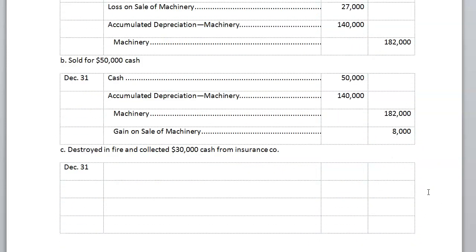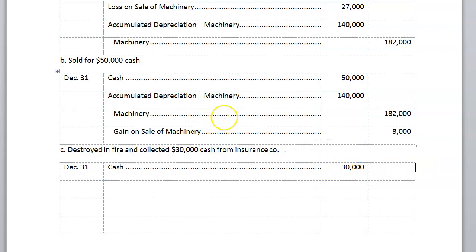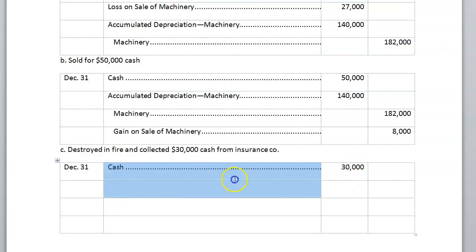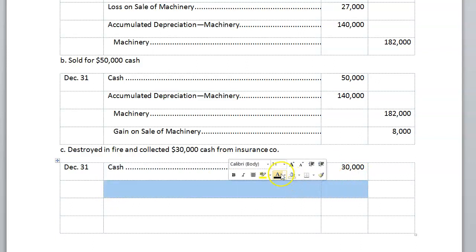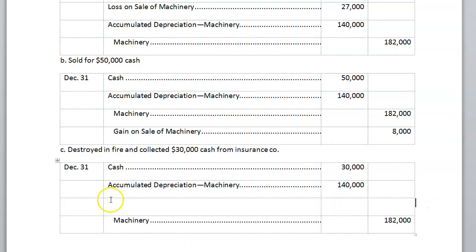And the last scenario, if the asset is destroyed in a fire and we collect $30,000 cash. This is very similar to these. We're just going to be recording it with a little bit different detail in the account title. So we receive the cash. We're going to write off the asset and its accumulated depreciation, just like we did in the other scenarios.